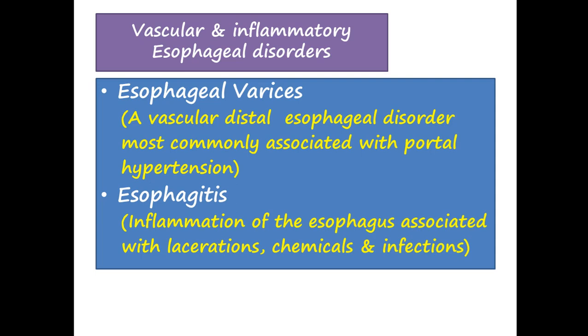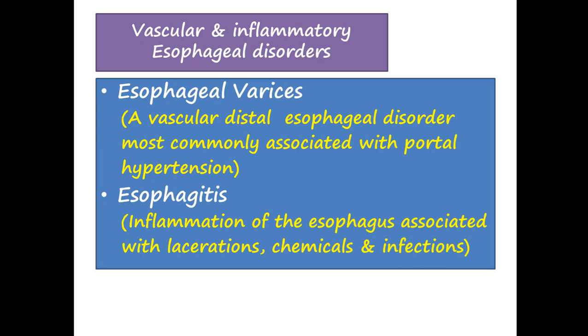The vascular and inflammatory esophageal disorders include esophageal varices, which is a vascular distal esophageal disorder, and that is most commonly associated with portal hypertension, increased pressure in the portal vein that leads to the liver.